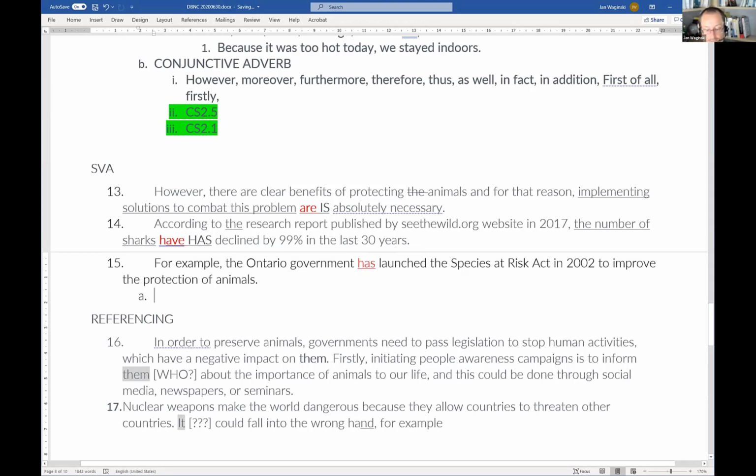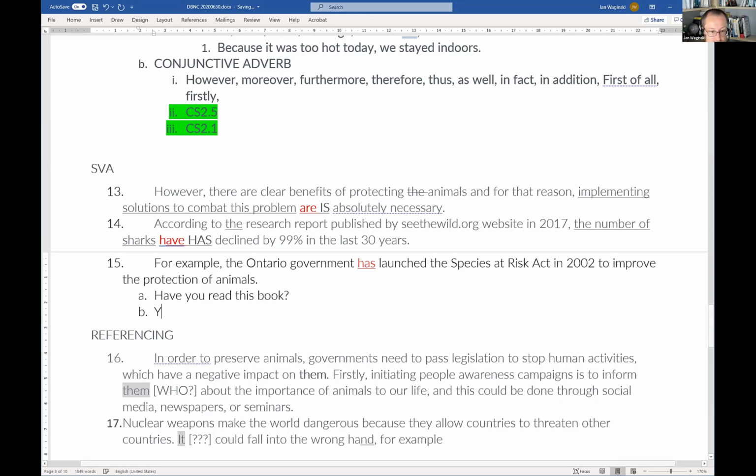Present perfect is for experiences, so it's very common to hear, have you read this book? The answer is yes, I have read it. When I say yes, I have read it, do you know when I read that book? No, I haven't told you.